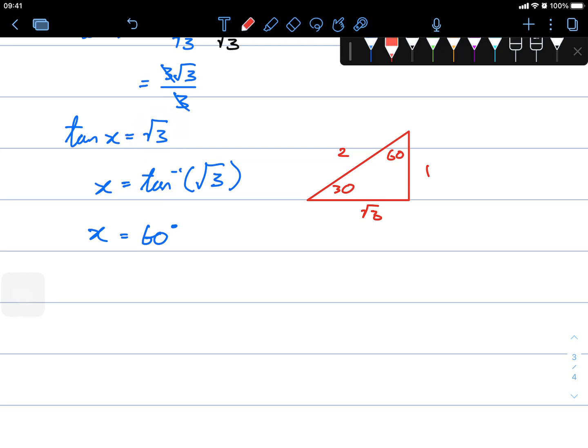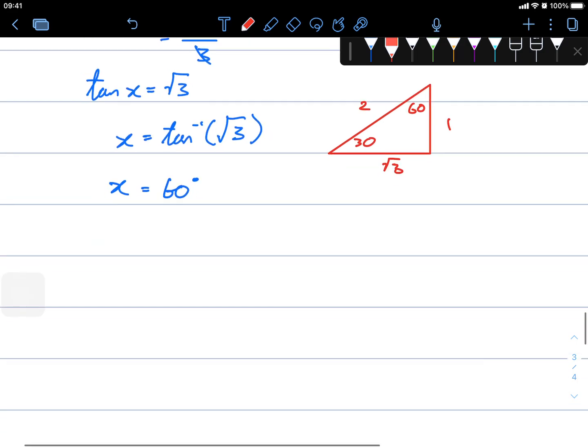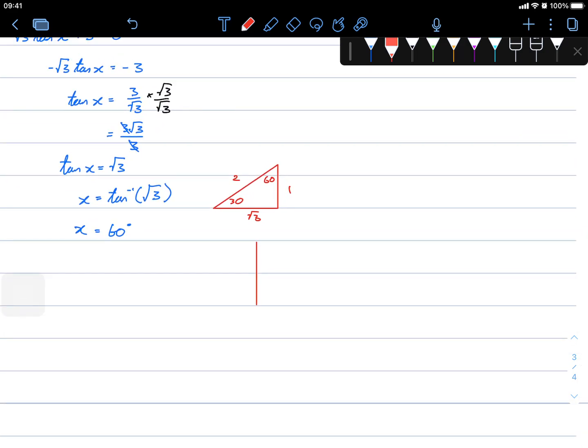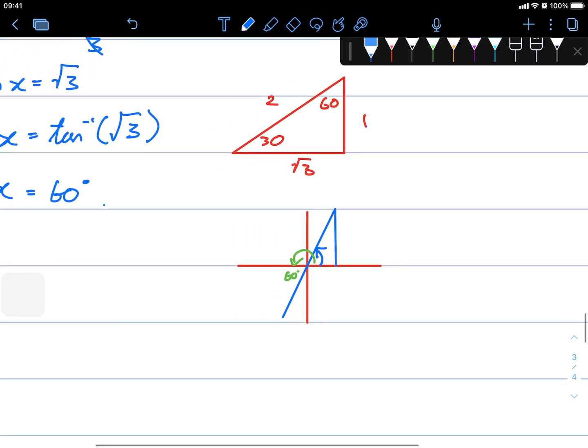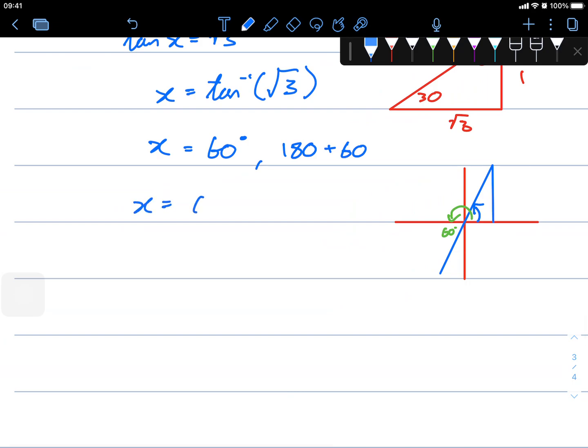So we also need to find where tan is positive in the full 360 degrees. So visualizing this, let's say that that's 60 degrees. We're also looking for this angle here in green. Now if this is 60 and that's 180, the full angle we're looking for is going to be 180 plus 60. So our answers are 60 degrees and 240 degrees.